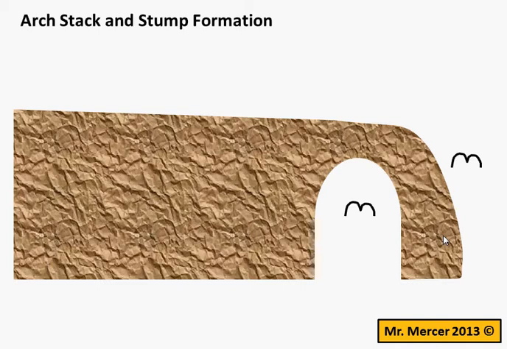Arches form in various ways, but one way which is easy to remember and to describe is that where there is a cave forming on either side of the headland, you can imagine the backs of those caves eventually meet and you're left with a tunnel straight through the rock, known as an arch.